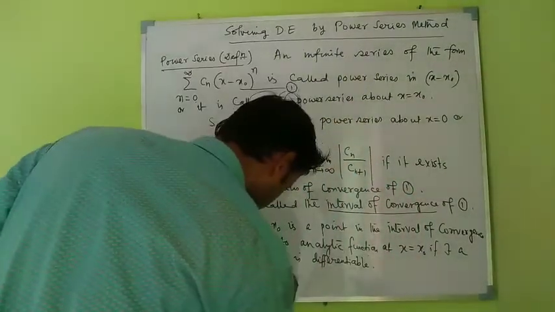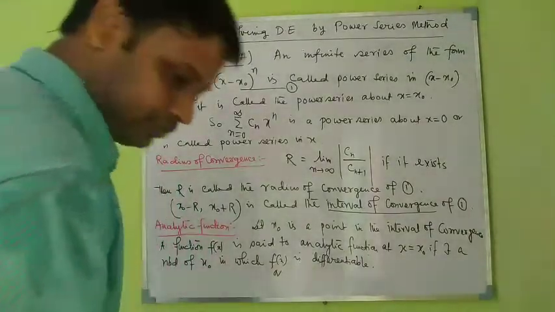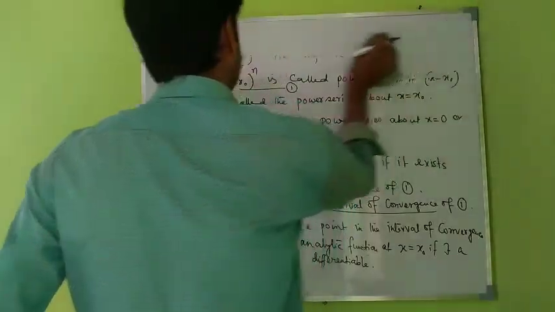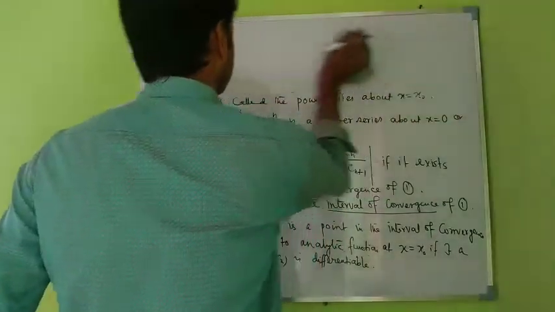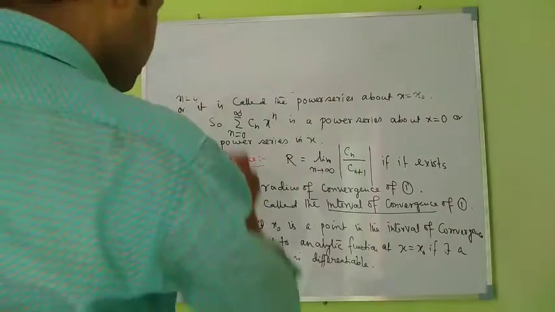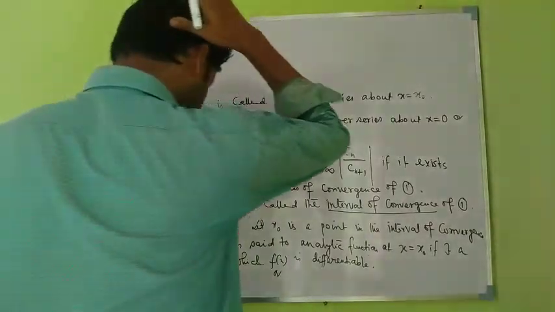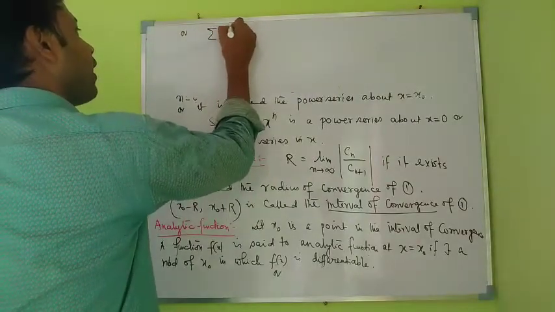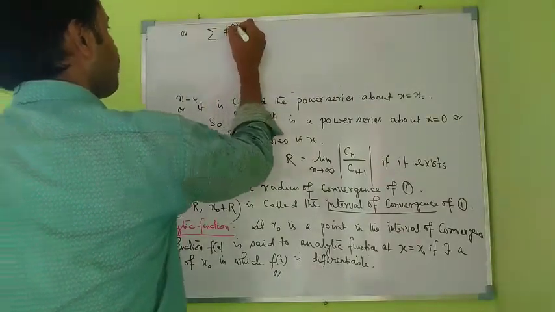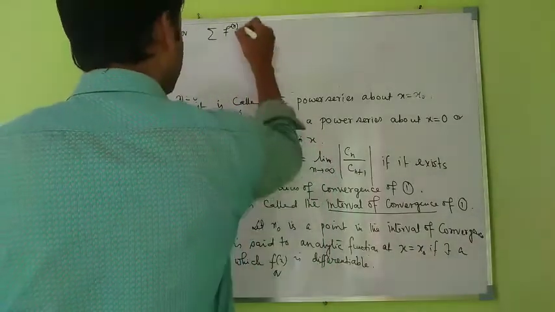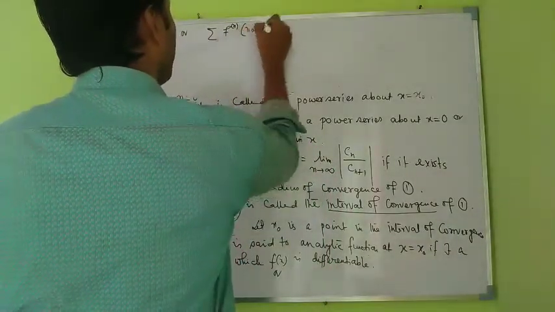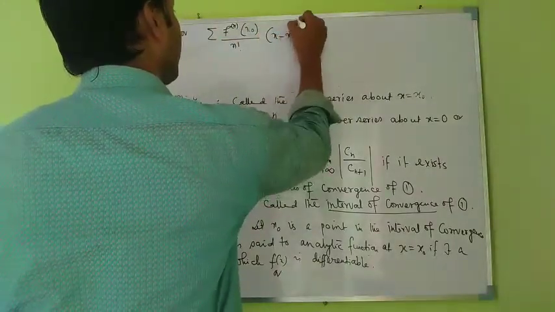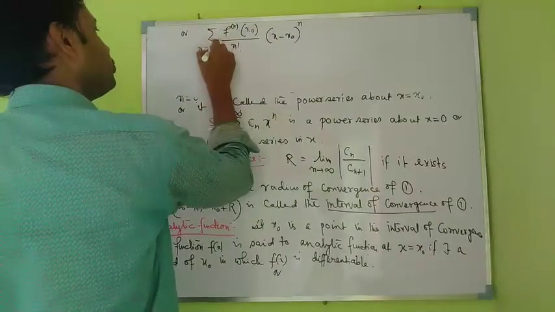Or, sigma f to the n at x naught divided by factorial n into (x minus x naught) to the power n, from 0 to infinity.